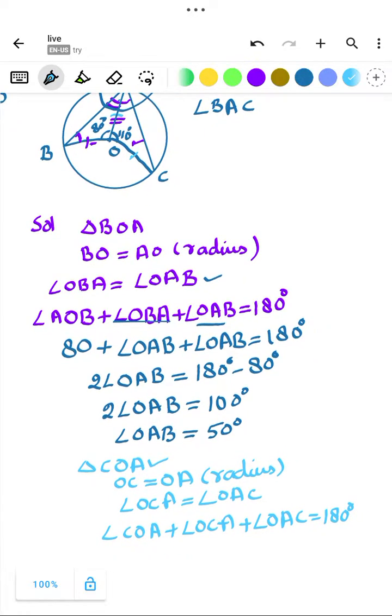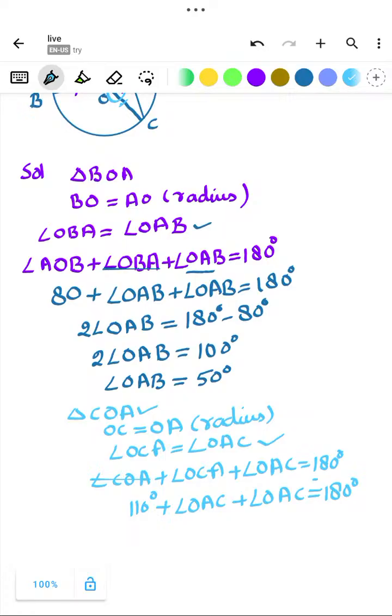Now COA is given 110. This is given us, this is 110 here. So we will substitute the value of this angle plus OCA is equal to OAC. So we will write OAC in place of OCA plus angle OAC is equal to 180 degree, right?